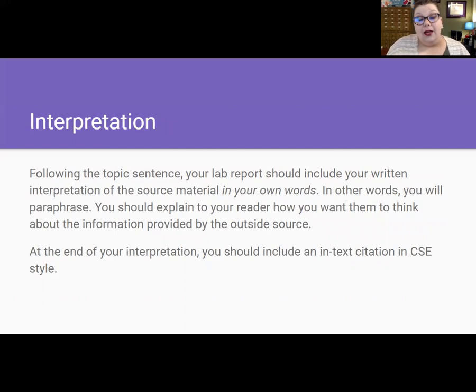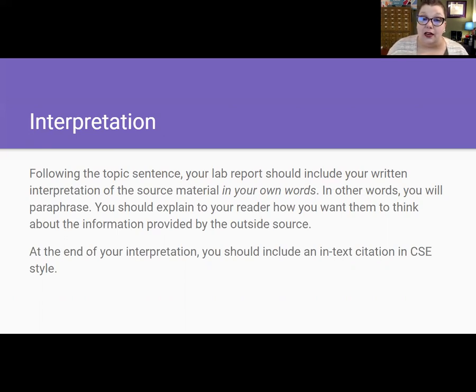Then you're going to do an interpretation of your source material. In other words, you're going to paraphrase. So following the topic sentence, your lab report will include, again, in your own words, a paraphrase of the source material. What's important to remember is that you should explain to your reader what you want them to think about the information provided in the outside source.